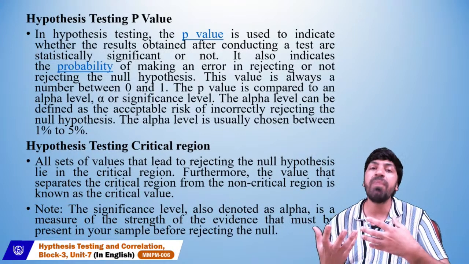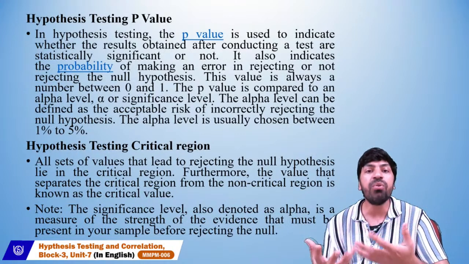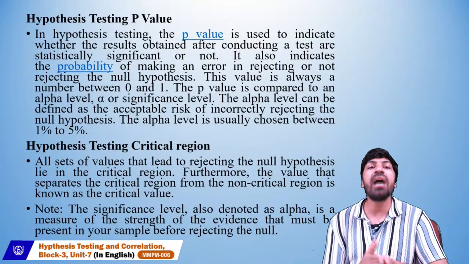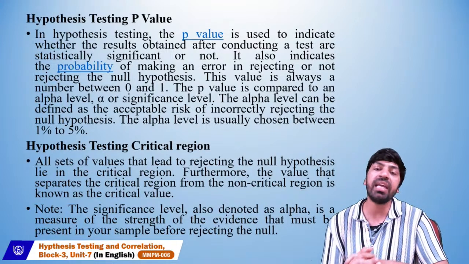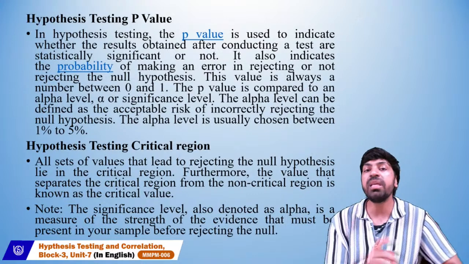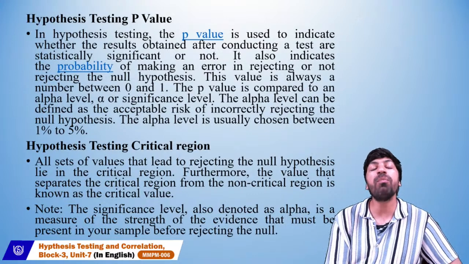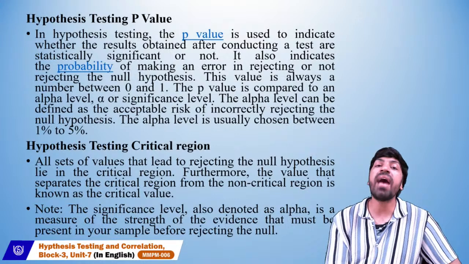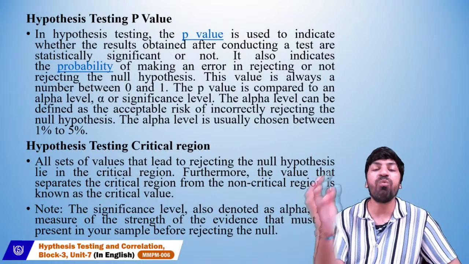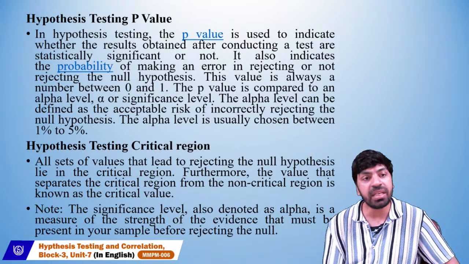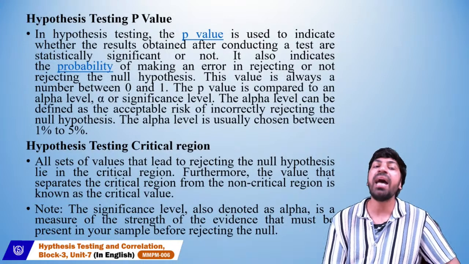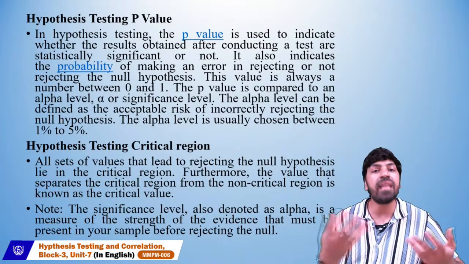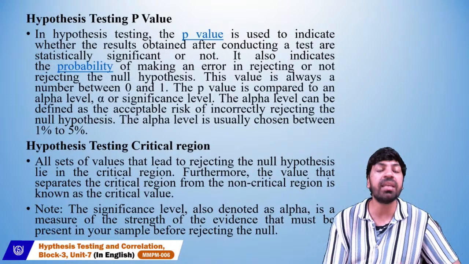When such tests are applied, we get to know whether the results are statistically significant or not, using the concept of p-value. So the p-value indicates whether the results are statistically significant or not. In hypothesis testing, it's called the p-value, which stands for probability value.